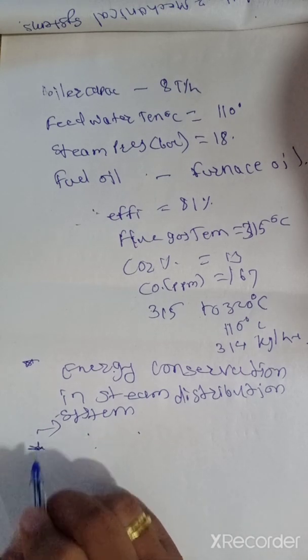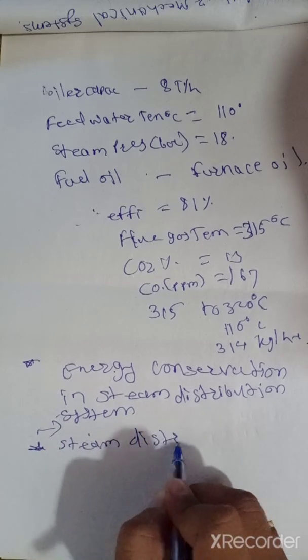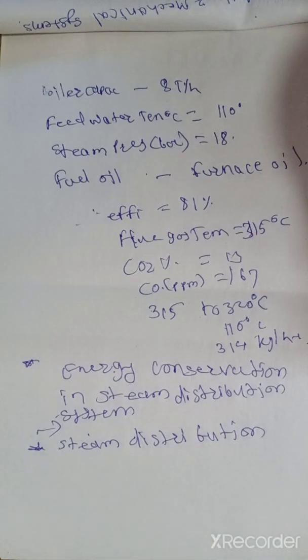Next, steam distribution. The steam distribution system is the essential link between the steam generator and the steam user. An efficient steam distribution system is essential if steam of the right quality and pressure is to be supplied in the right quantity to the steam-using equipment.